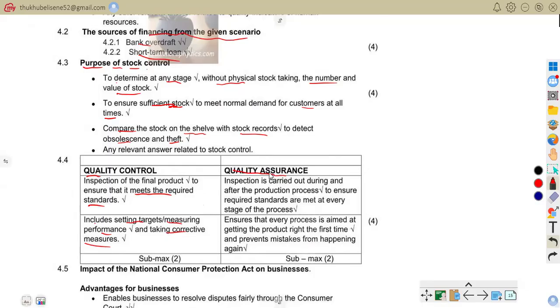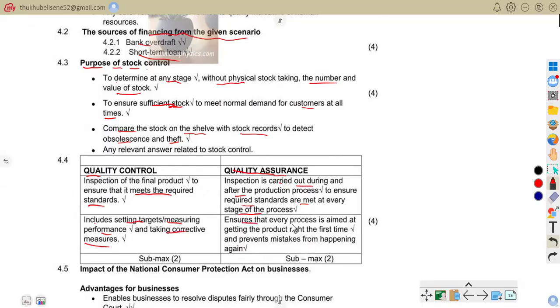But with quality assurance, the inspection is carried out during and after the production process to ensure required standards are met at every stage of the process. So here, inspection is during and after the production process. For example, monitoring each production stage in a bakery.